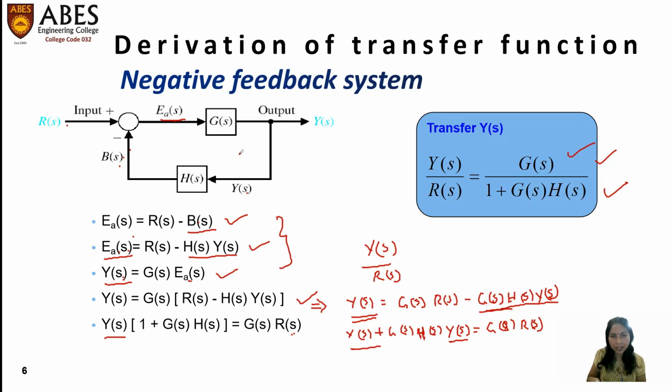So for resolving this loop, we will directly use this expression GS upon 1 plus GSHS. So you have to remember this expression GS upon 1 plus GSHS for the negative feedback system. One thing you remember, for negative feedback, always in the expression of transfer function, you will get positive sign in the denominator.